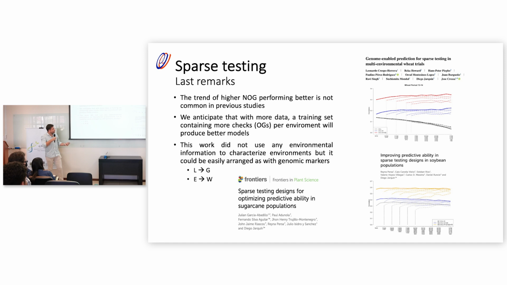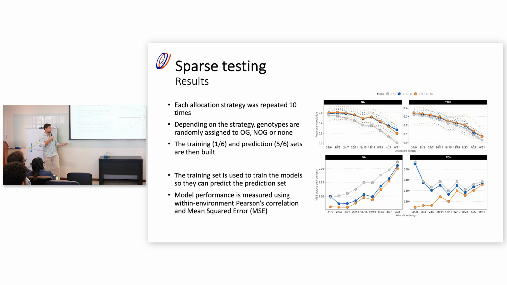But both the G model and the GBI model are kind of stable, and they improve a bit when we reduce the number of non-overlapping lines, when we increase the number of checks. So we think that this is because our sugarcane dataset was kind of small, but yeah, we would like to try a bigger dataset to see if that decaying trend is maintained, or we can actually revert the trend.